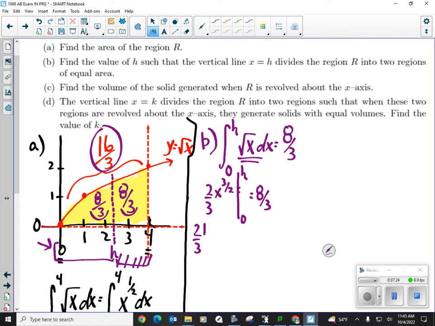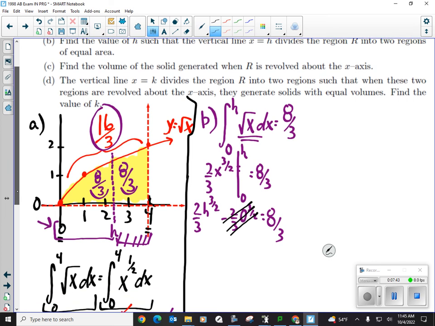2/3 h to the 3/2 minus 2/3 times 0 to the 3/2 should equal 8/3. Anything times 0, bye-bye. That's why I love it, my friends.